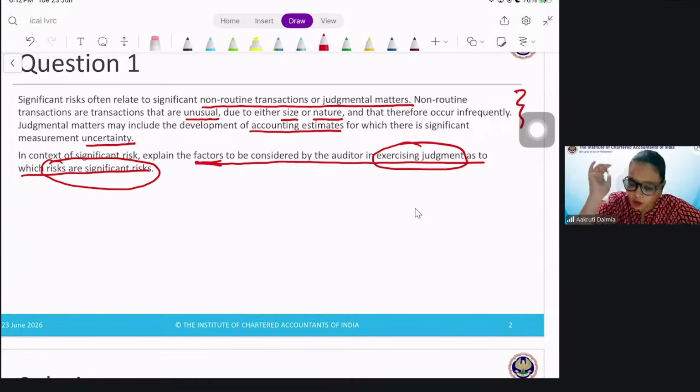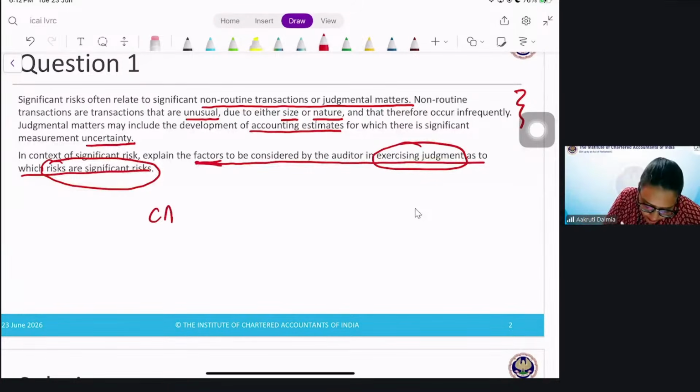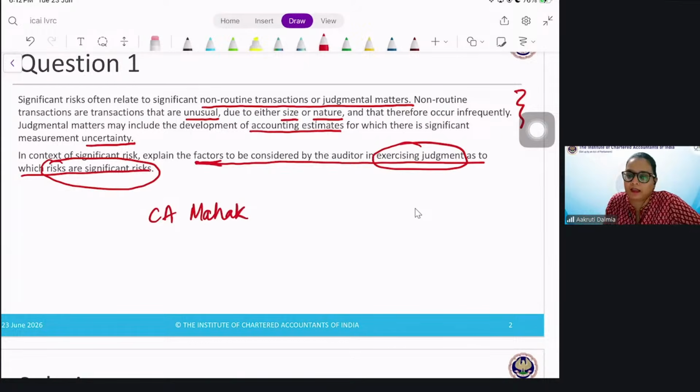You have been sent on an audit. So today Mehak is a CA in my class, okay? So Mehak has gone as an audit assistant, working under a CA firm. Now Mehak, this is let's say a company that has a lot of hotel business.